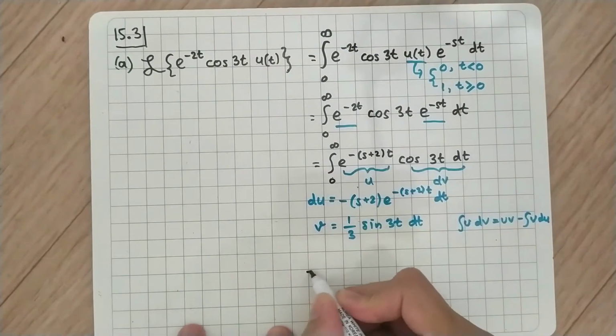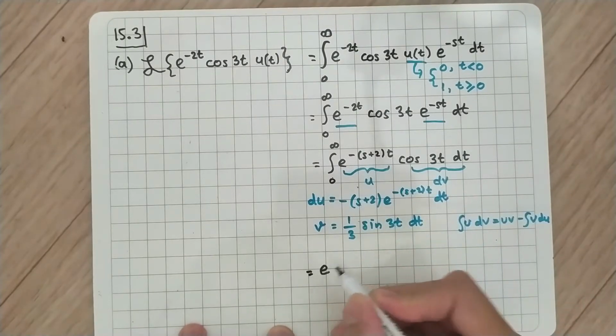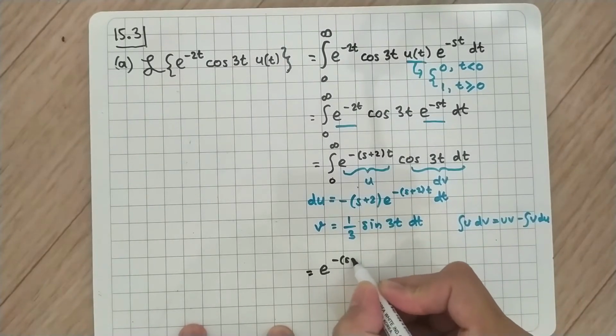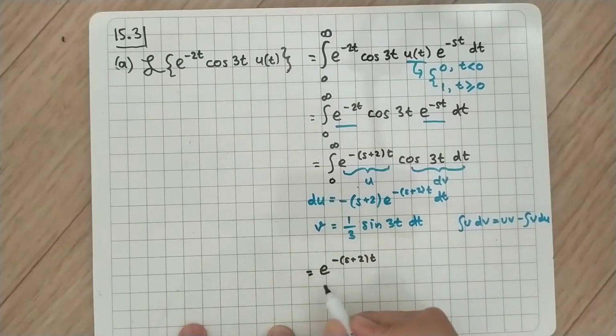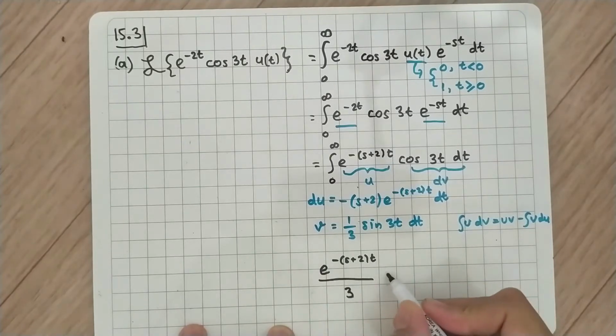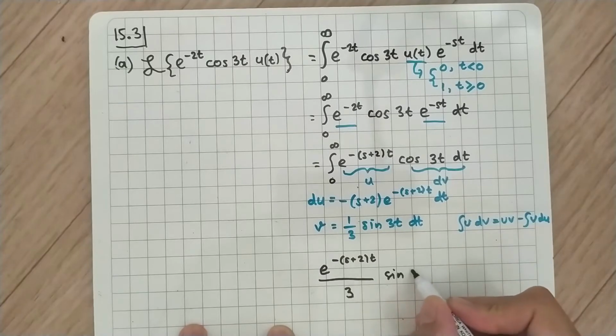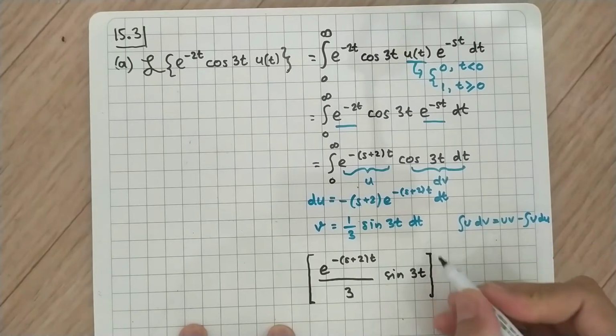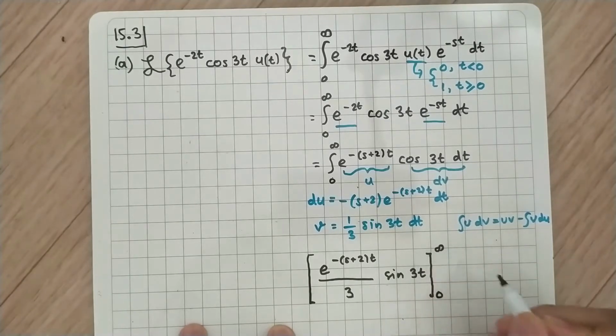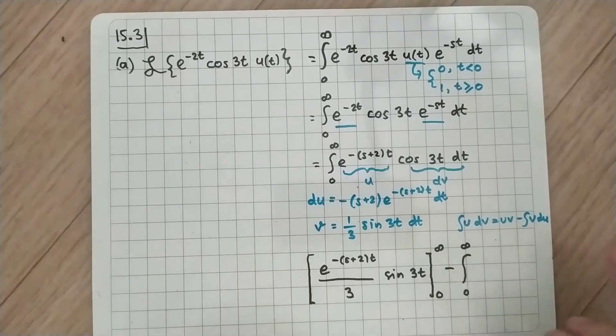So we plug in u, so I will have e to the minus (s plus 2)t and v, so this will be over 3 multiplied by sine 3t. Okay, and do not forget the limit of integration from 0 to infinity, and minus the integral from 0 to infinity of v.